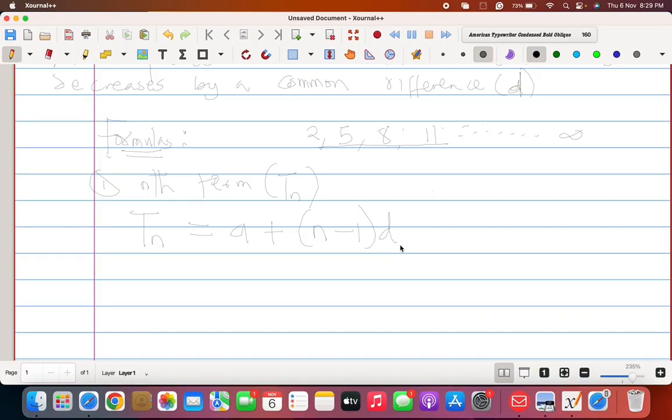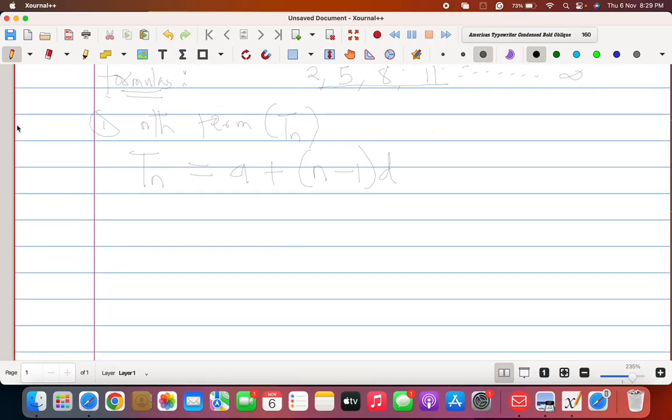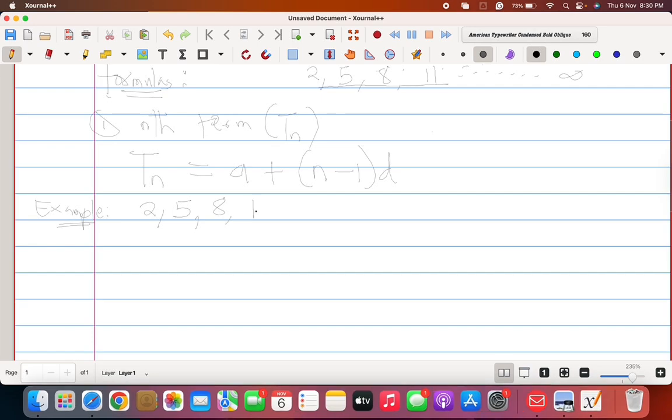So we're going to practice it now. Let's say we have an example, and I want to be solving an example with each of the terms. Let's use this particular one we had done earlier: 2, 5, 8, 11, 11 plus 3 is 14, 14 plus 3 is 17, 17 plus 3 is 20.